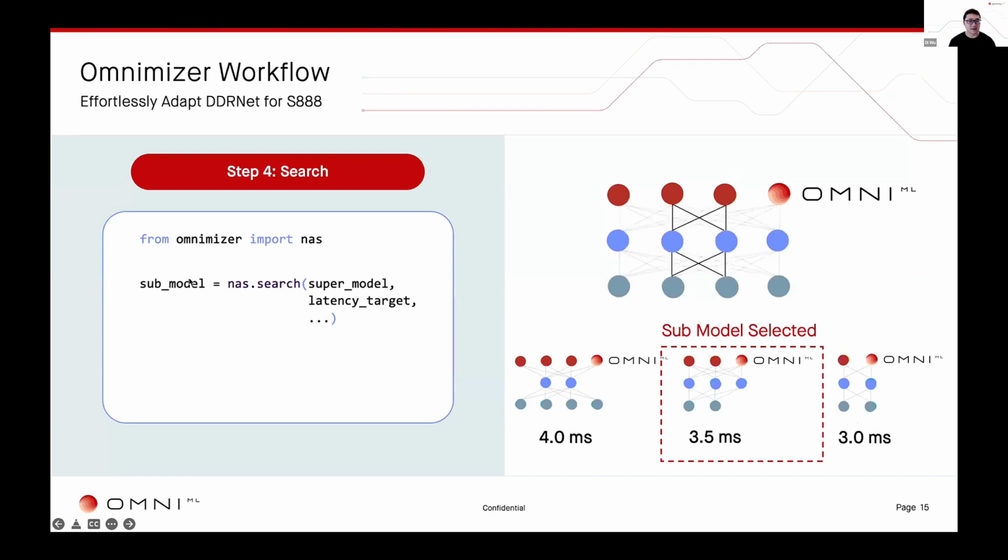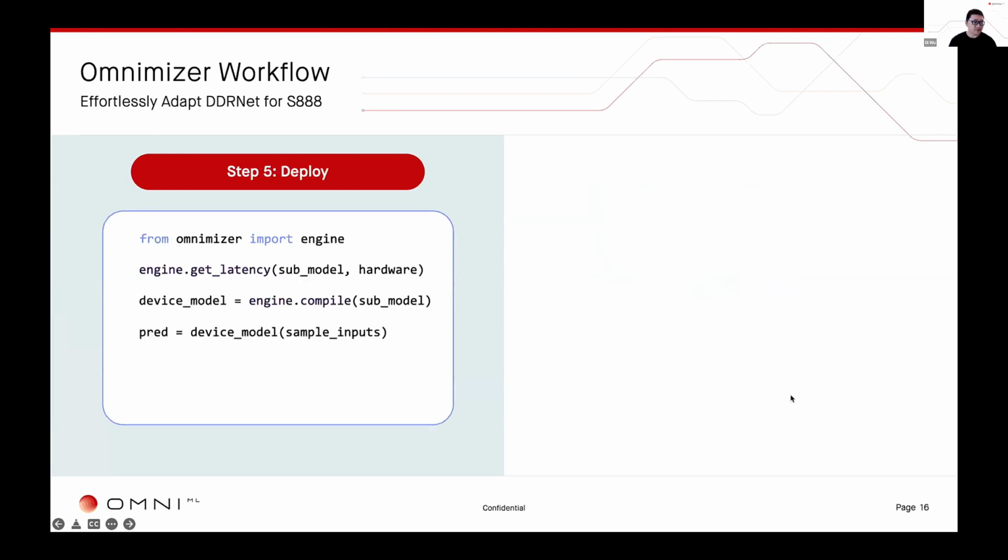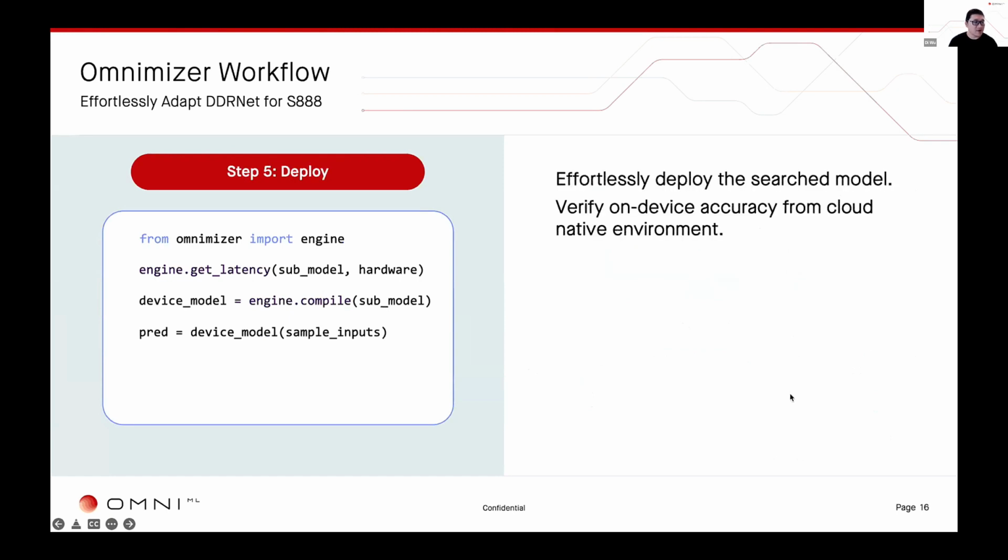And this submodel is a regular PyTorch model. It can then be taken into the rest of the pipeline, further validation, deployment optimization, and so on and so forth. And we can validate the latency of that model. And we can compile a device model still in the PyTorch space, but now this device model contains a handle of running the actual inference on the device, right?